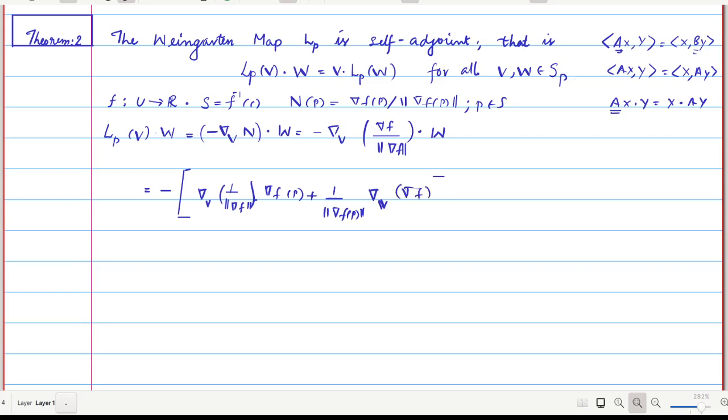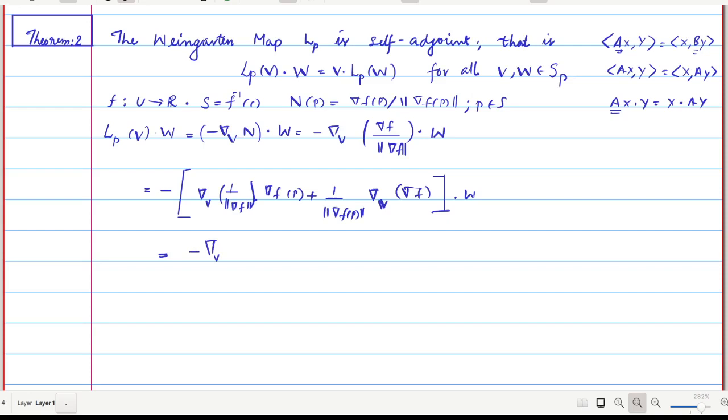That means we apply del V to this vector field. Del f is a vector field, and 1 by mod del f is a scalar function, so this is a scalar times a vector field. So using the product rule you get this: del V of the scalar times del f of p, plus the scalar times del V of the vector field.